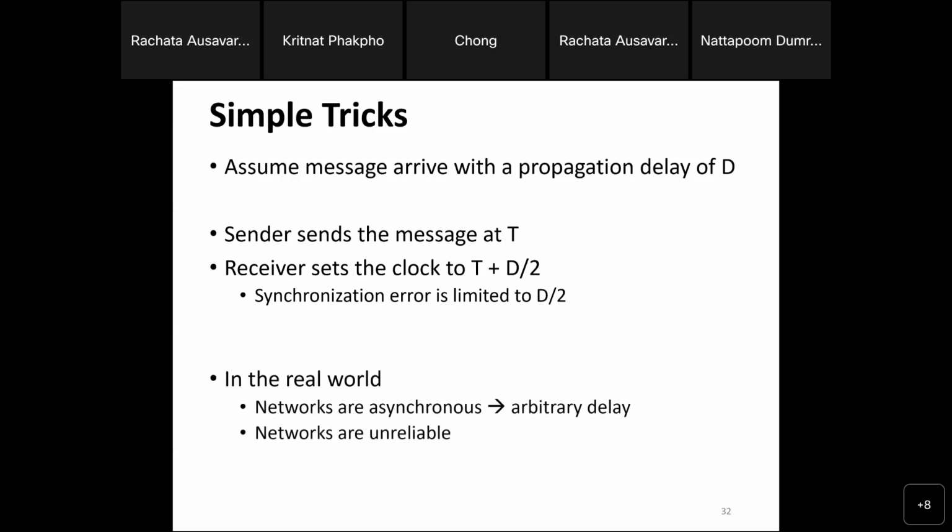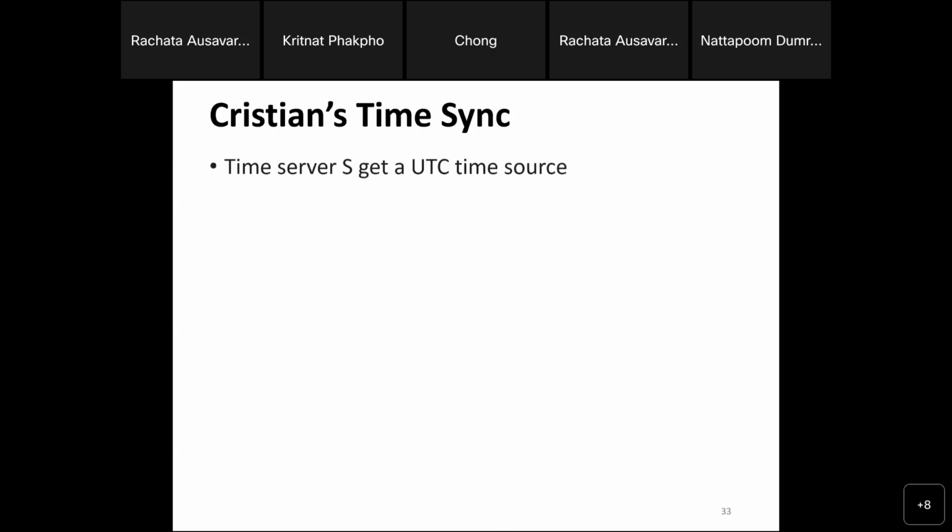In the real world, networks are not synchronous, so you can have arbitrary D, any number, and they're unreliable. So it can be way bigger sometimes. One of the algorithms is called Cristian's time sync, where you have a time server S that's set to a time source, like an atomic clock. The process P can request the time.